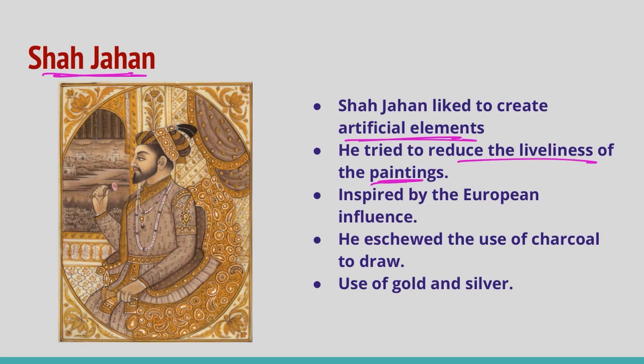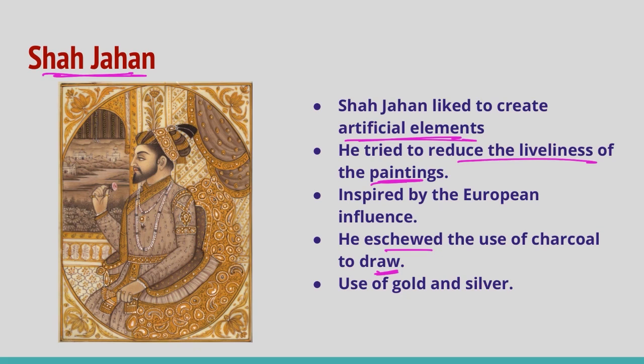Shah Jahan brought a change in the technique of drawing and painting from the earlier period, and he avoided the use of charcoal to draw. He encouraged the artists to draw and sketch using pencil. He also ordered them to increase the use of gold and silver in the paintings.